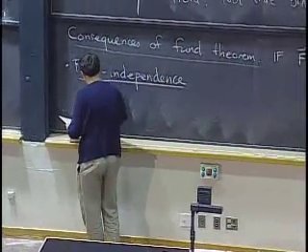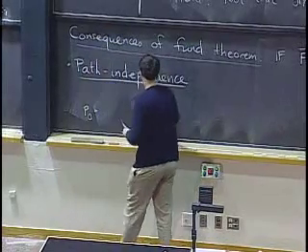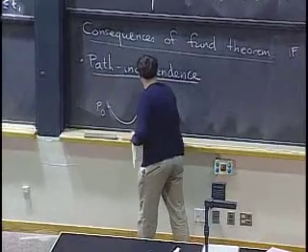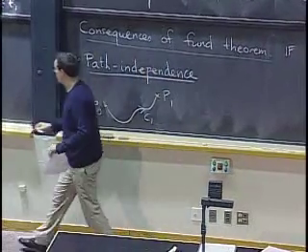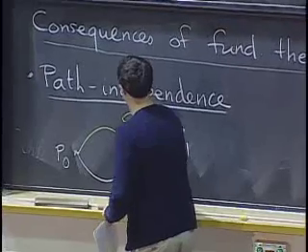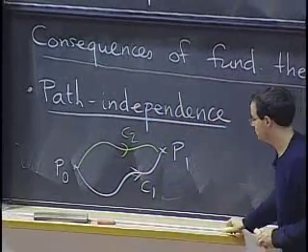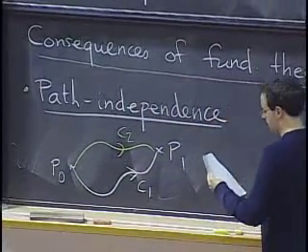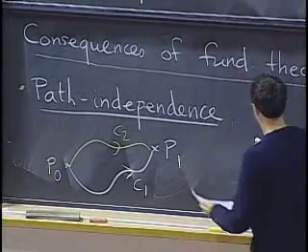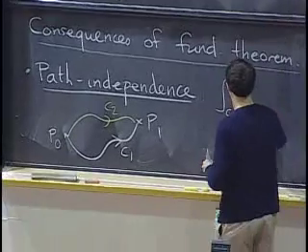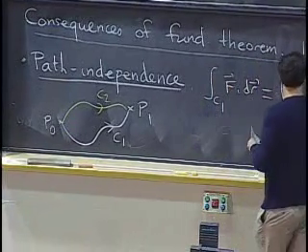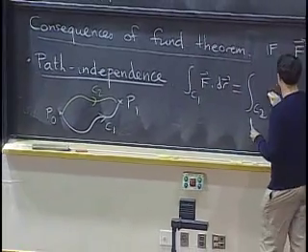Okay, so if I have a point P0, a point P1, and I have two different paths that go there, say C1 and C2, so they go from the same point to the same point, but in different ways, then in this situation, the line integral along C1 is equal to the line integral along C2.